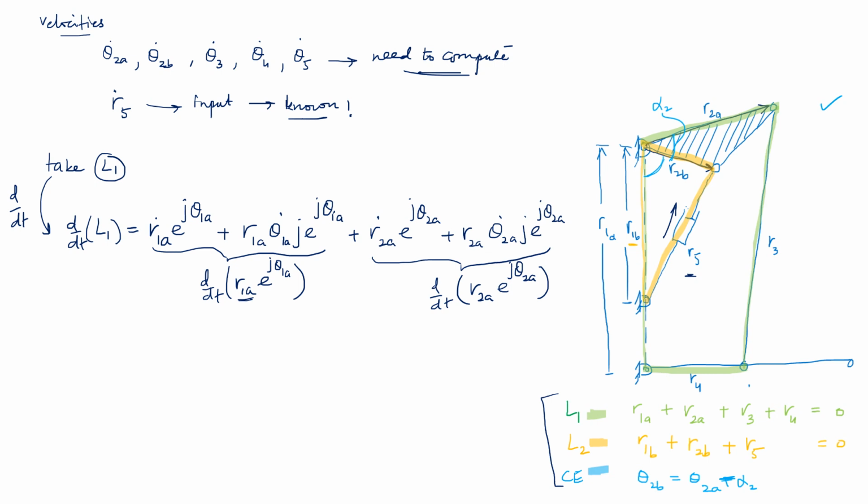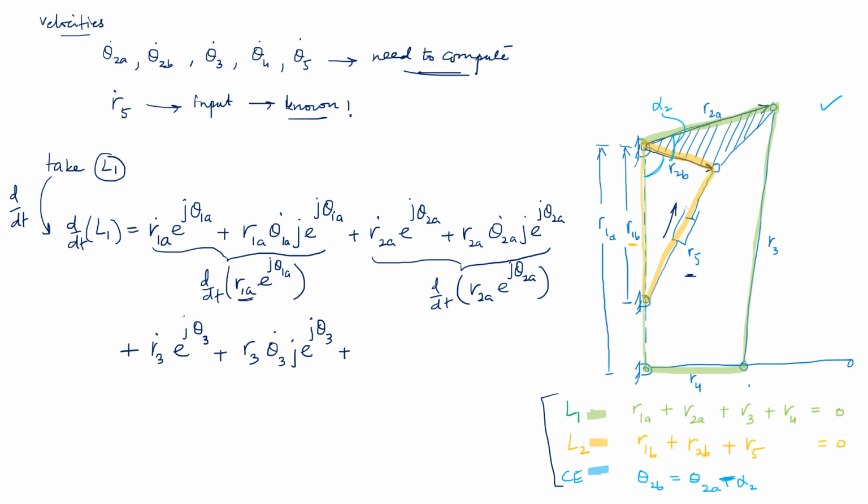Then you need to add this with the third term, which is corresponding to R3. So this is going to be R3 dot e raised to power j theta 3. There is no a part in it, so I can erase that. Add it with R3 theta 3 dot j e raised to power j theta 3.